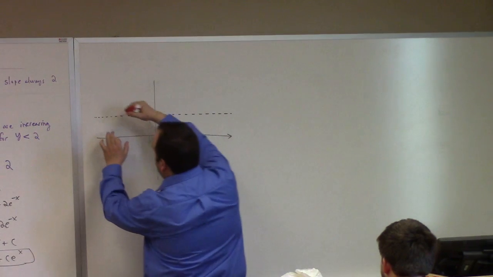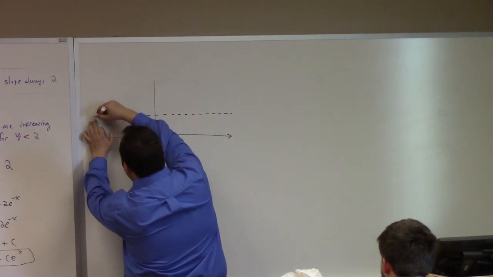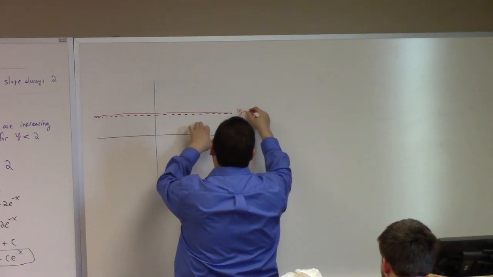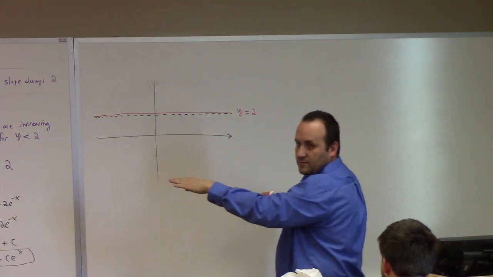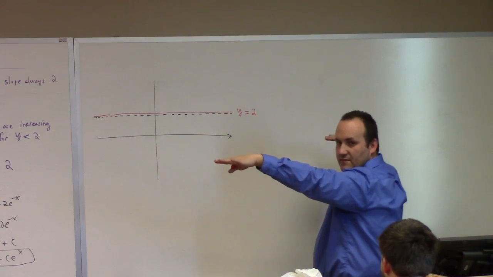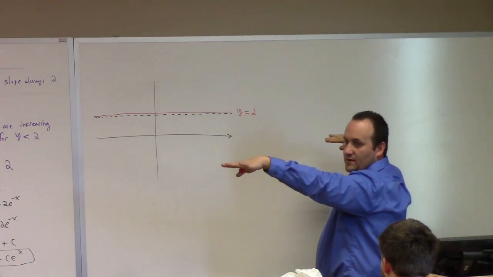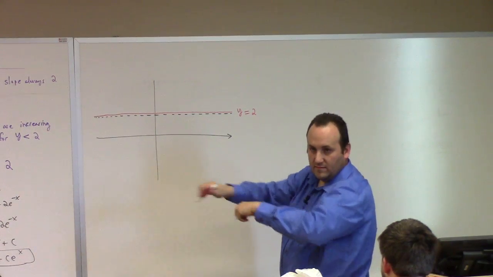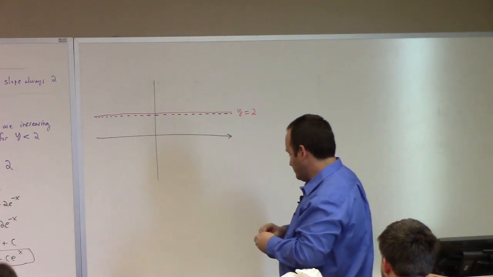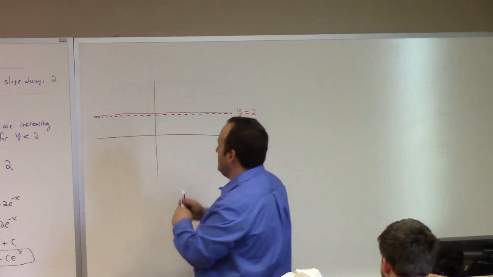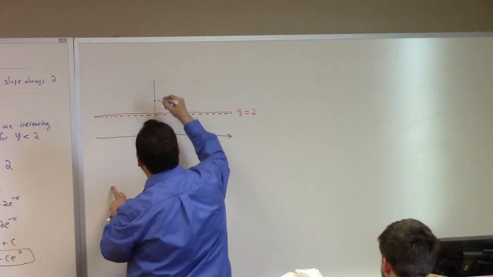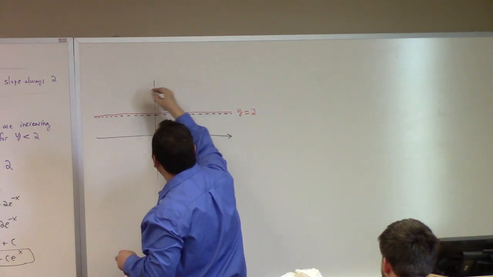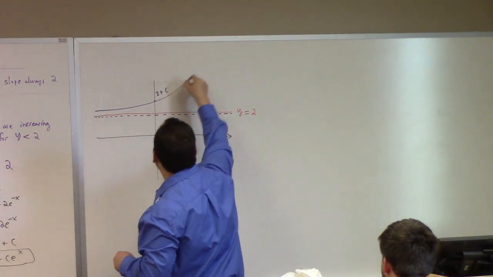All right, so y equals 2 is kind of a stupid solution. This is a so-called equilibrium solution to this problem. dy/dx equals 0, right? That's a solution. Now, if c is greater than 0, what's the solution look like? It goes through 2 plus c at 0, and then it does this.